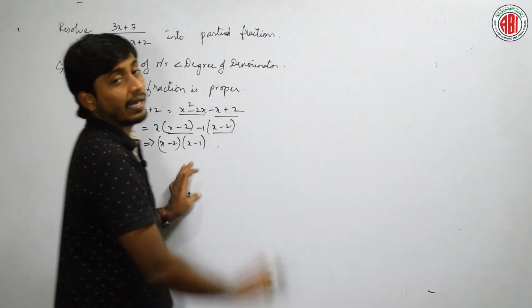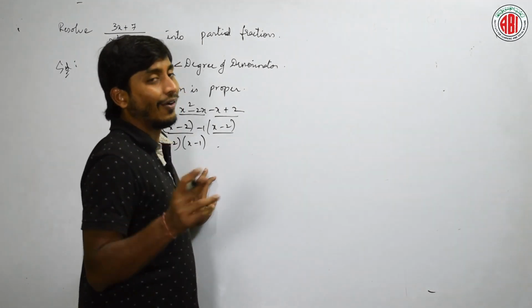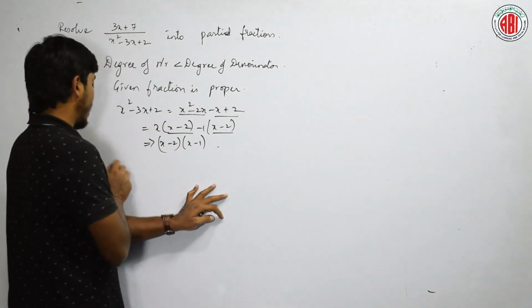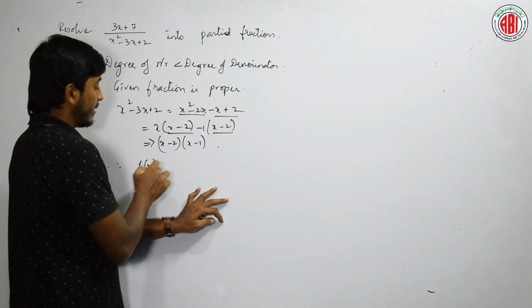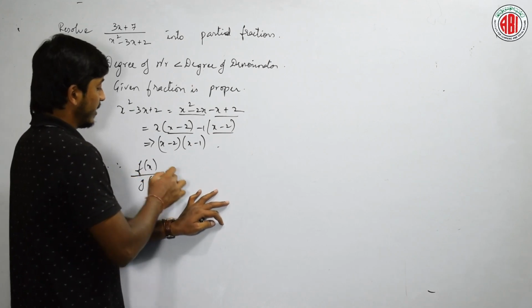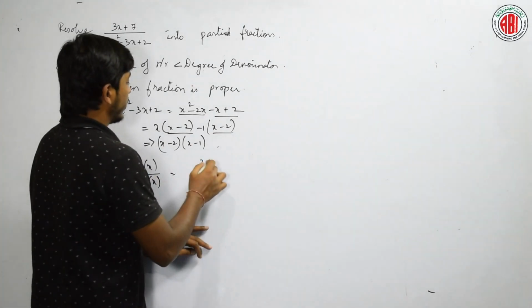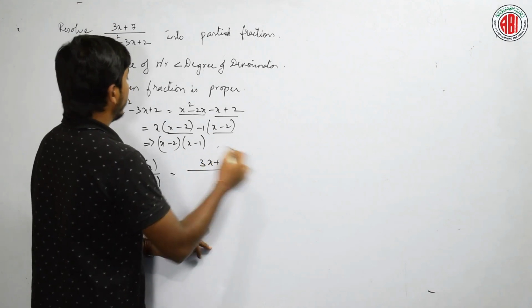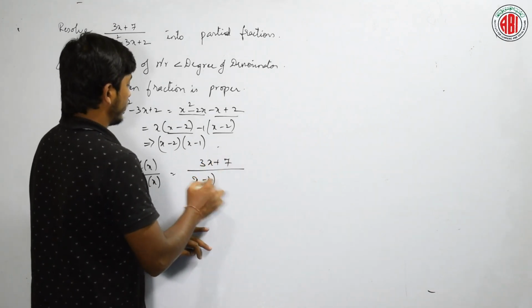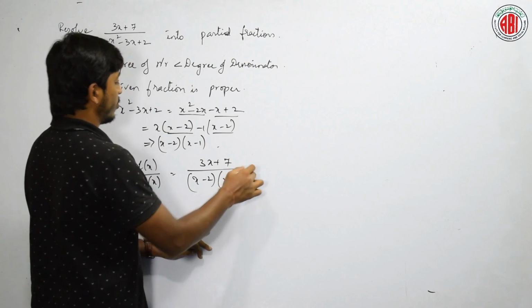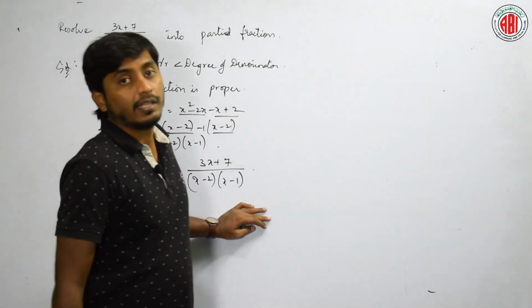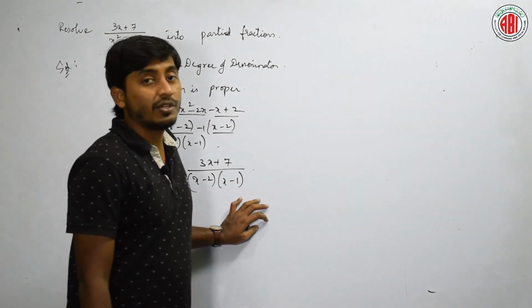So, these are reducible and non-repeating. So, the fraction becomes, let us write it as f of x by g of x is equal to (3x plus 7) divided by (x minus 2) into (x minus 1). Is it right? So, which type can we use?